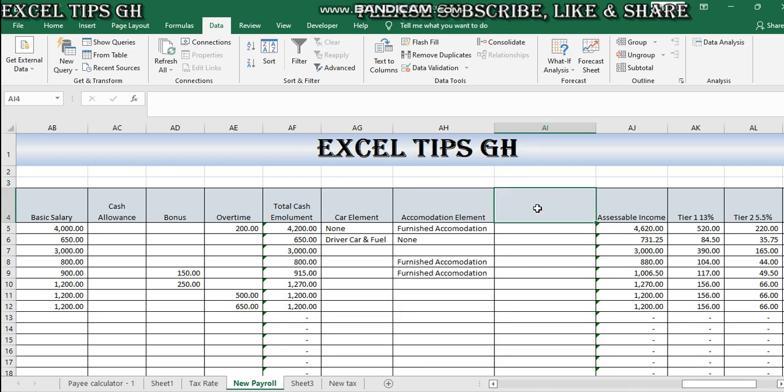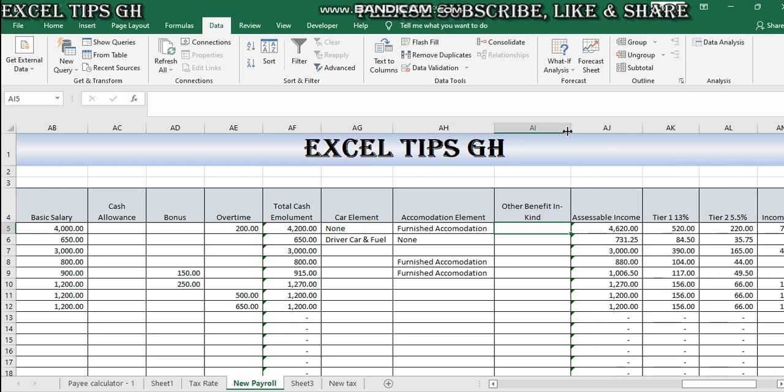So this side is going to be other benefits in kind. If there are any other benefits in kind, this is where we are going to add them. The value, okay, let us make it value or market value.